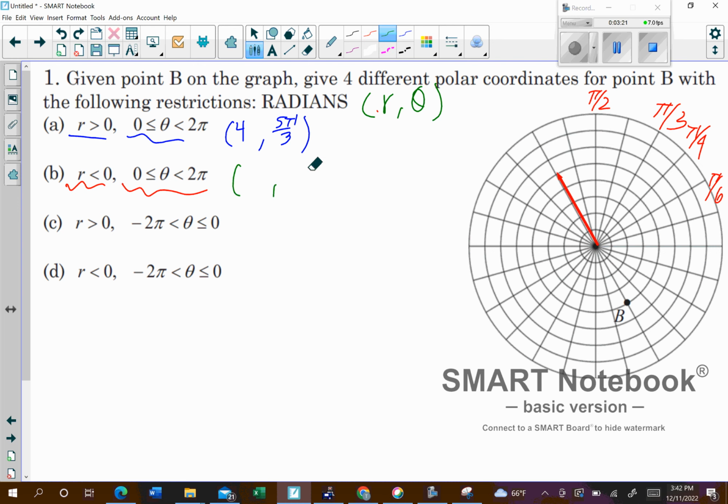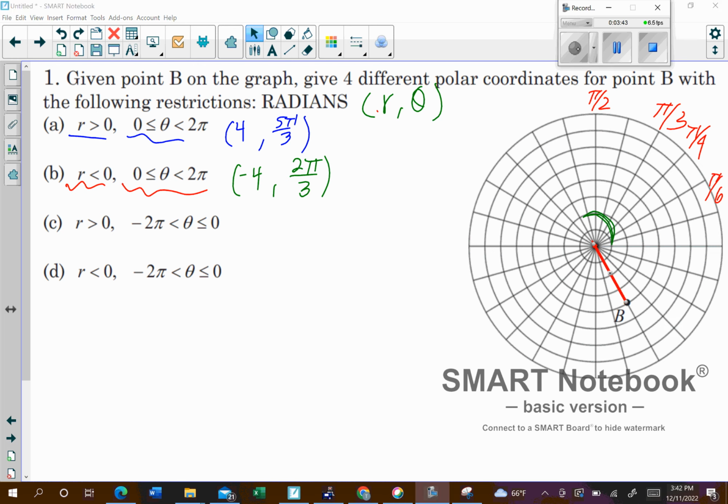So my angle would be 2/3 pi. That's what this angle is right here. But then I'm going to use a -4 for my radius. What that does is it causes this to reflect across, and right there I landed on the point B.